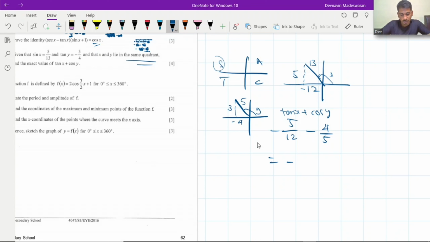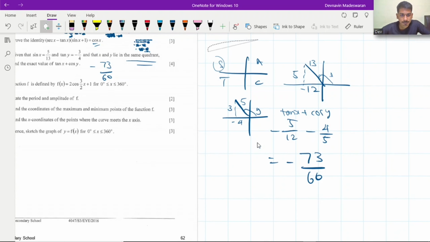Negative 5 over 12 minus 4 over 5. Negative 73 over 60. Okay, again, to string this stuff down.